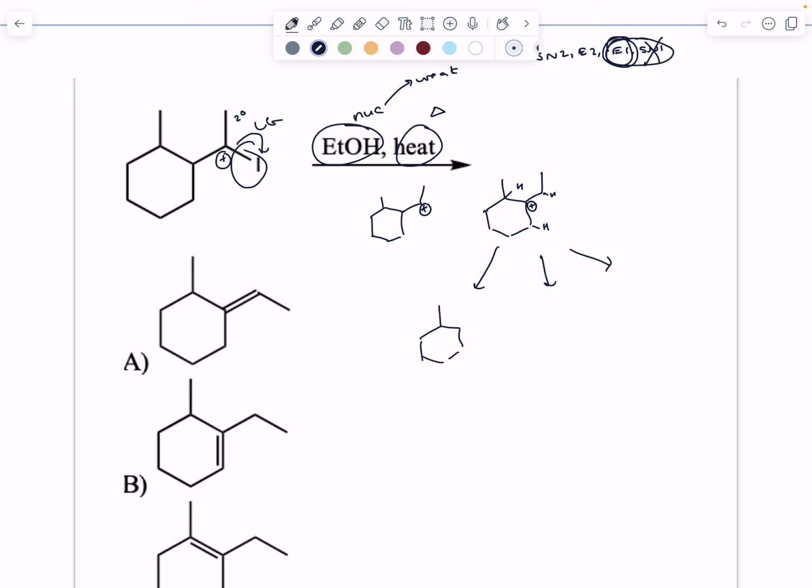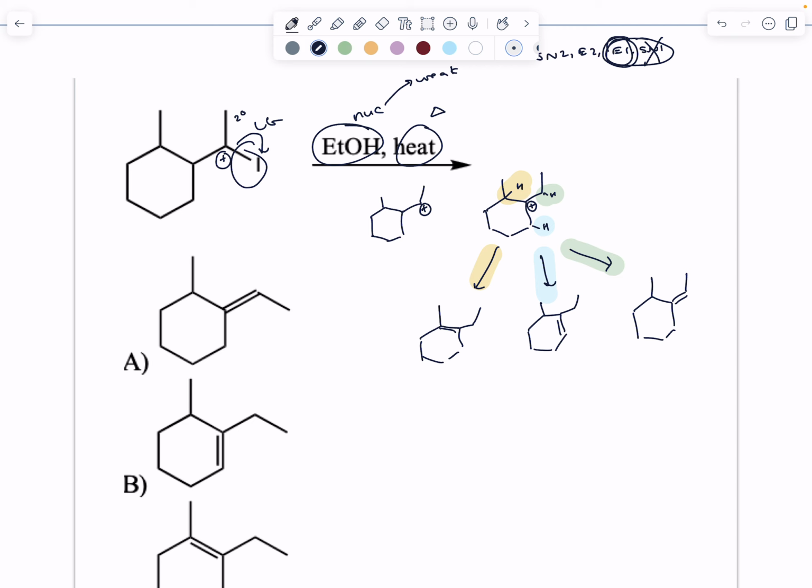If I took the hydrogen right here, we would get an alkene form here. If I took from the hydrogen right here, and then this one, we would get this one, which would still be the same, and then if I took from the green one, we would get this.